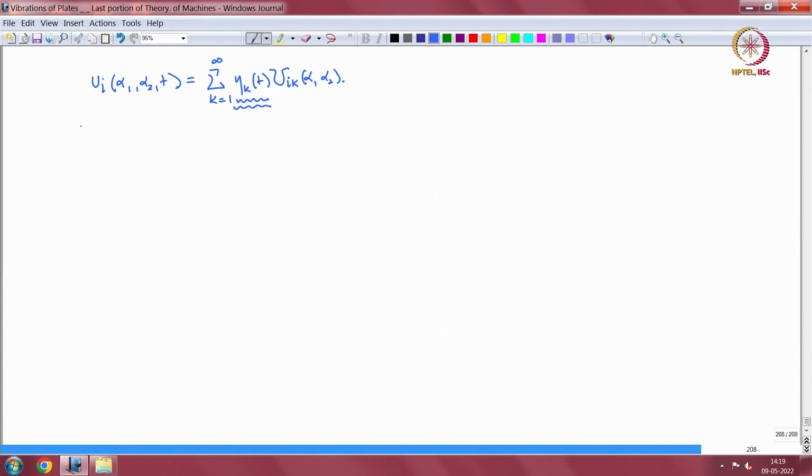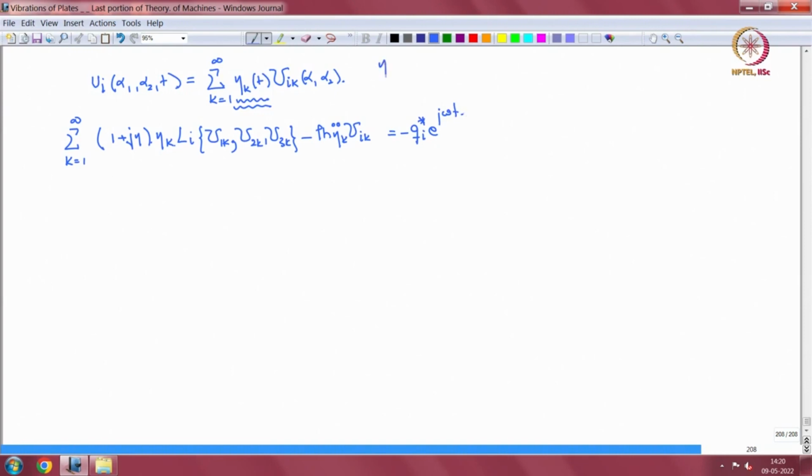So what we have is the summation from k going from 1 to infinity of 1 plus j eta_k, L_I acting on u1k, u2k, u3k, minus rho h eta_k double dot u_ik, is equal to minus q_i star e to the power j omega t.